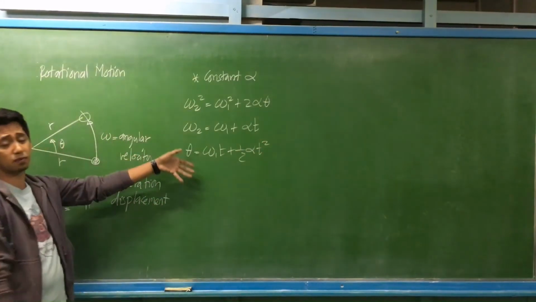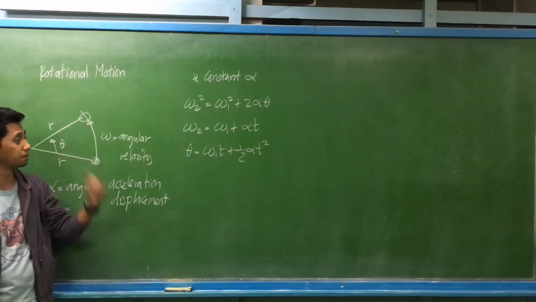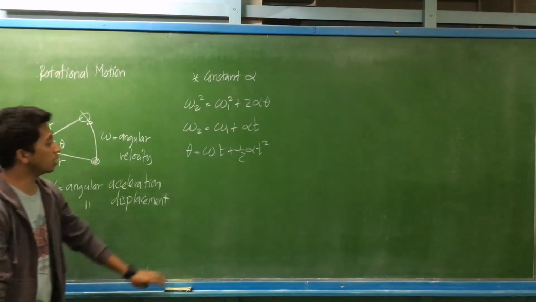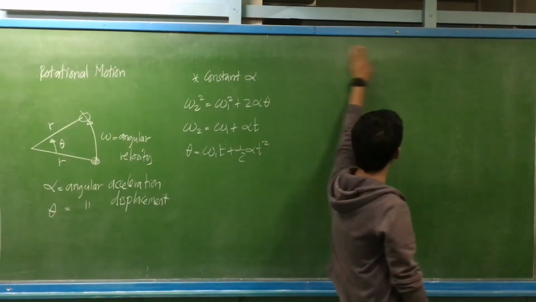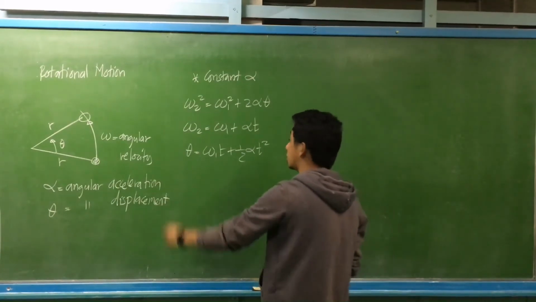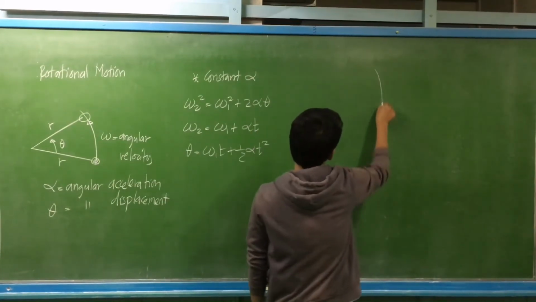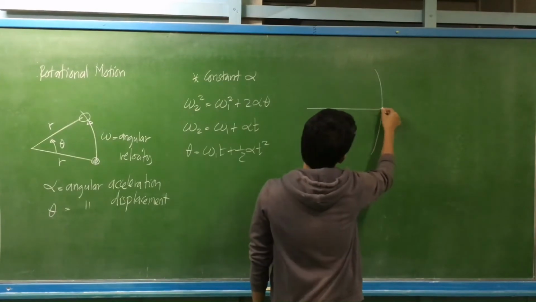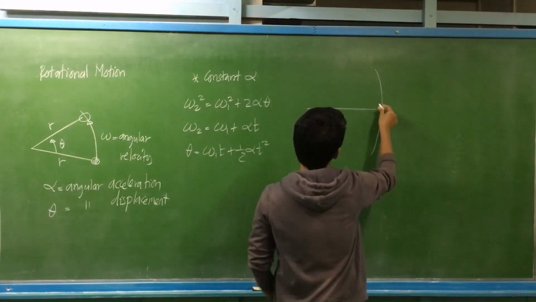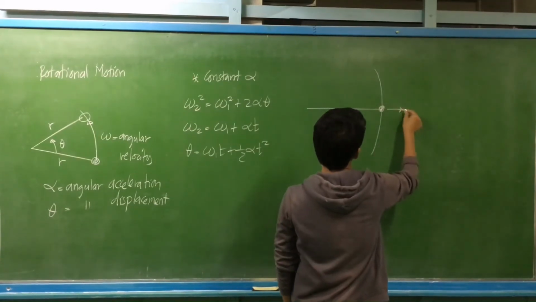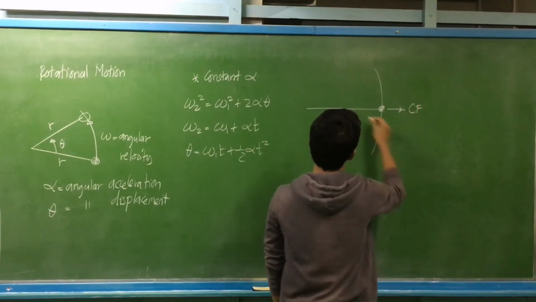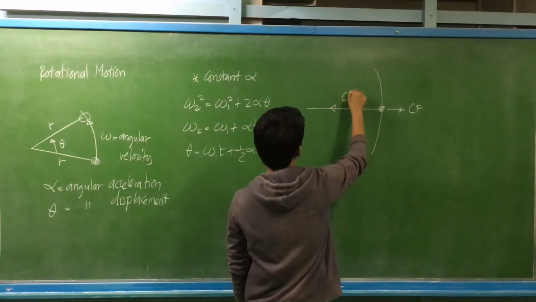So we are using the same formulas as before. What are the new things that we are going to consider for rotational motion? If we consider other factors, we will have the centrifugal force and the centripetal force.